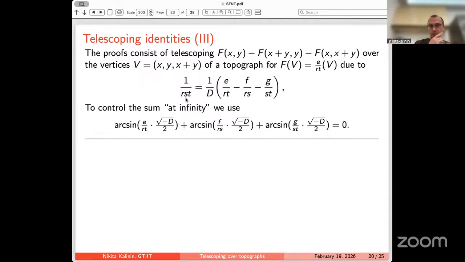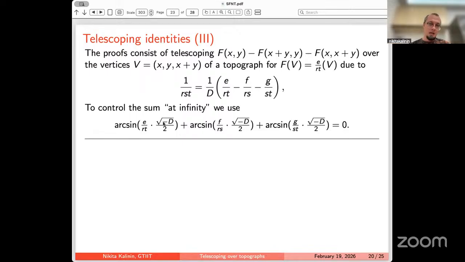How do we control the boundary at infinity? We need to understand what e divided by rt is when x and y are very, very long vectors. Up to a constant, it's approximately arcsine of this expression.